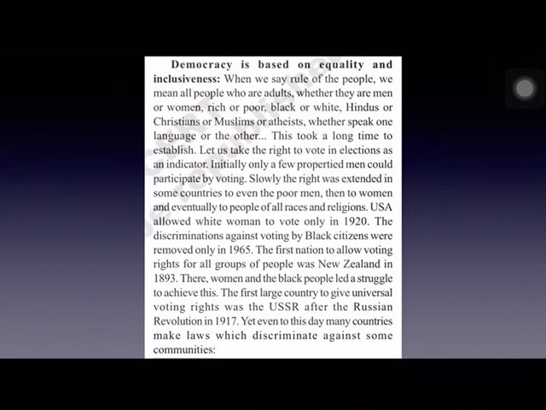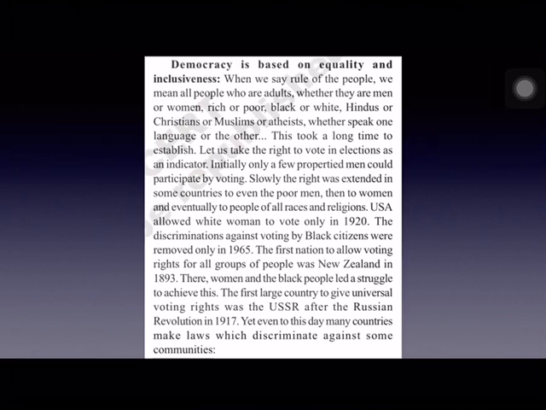The first nation to allow voting rights for all groups of people without any discrimination was New Zealand. In 1893, it allowed universal adult franchise in its country. There also, women and the black people led a struggle to achieve this universal adult franchise.